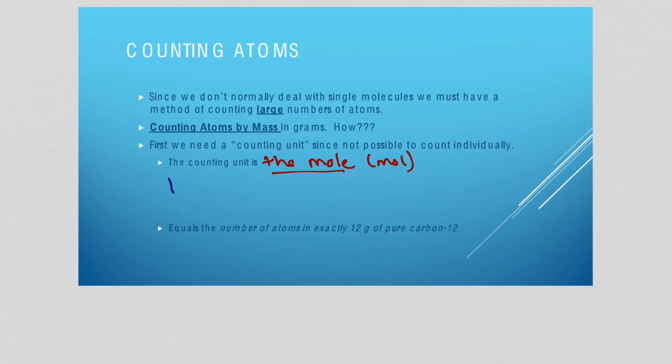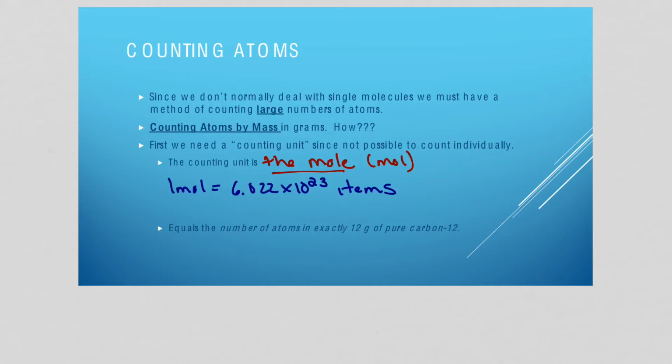Well, 1 mole is equal to 6.022 times 10 to the 23 items. So it's a counting unit, and the units of it are going to be whatever we're counting. Are they hydrogen atoms?